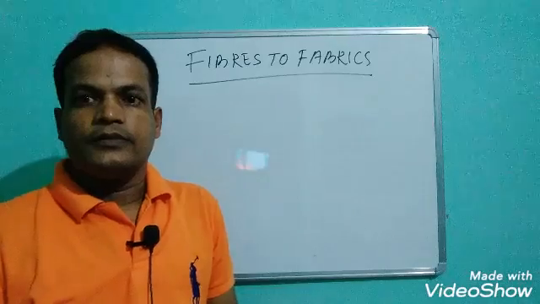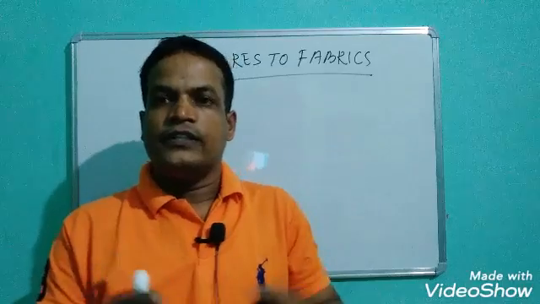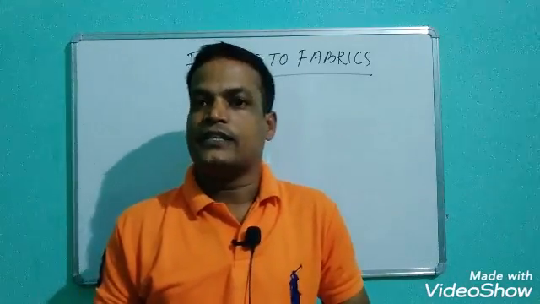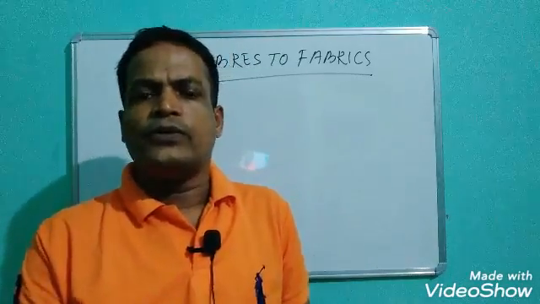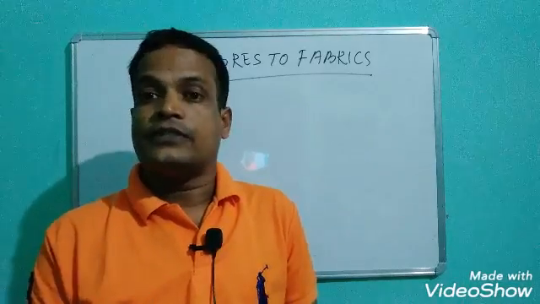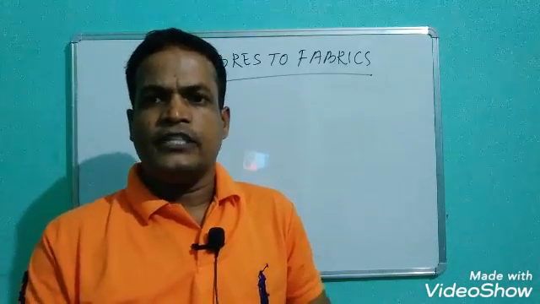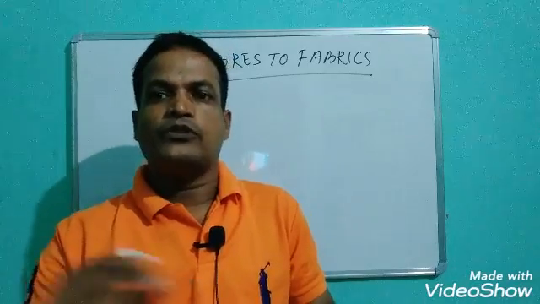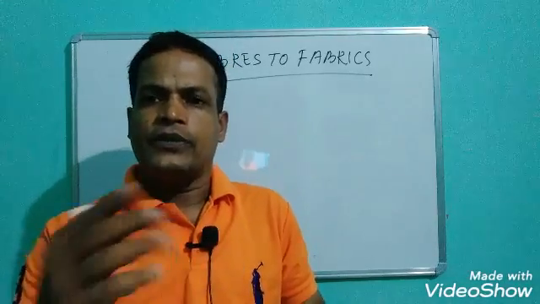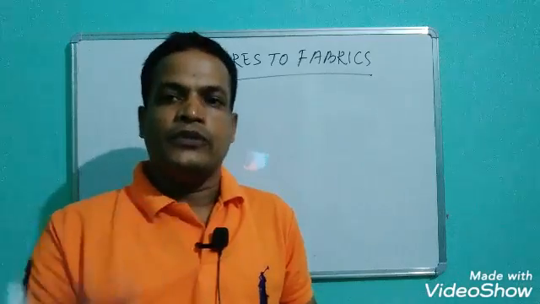Okay friends, after learning about the different types of plant fibers and their uses, let us look at how the plant fibers are made into fabrics. We are going to talk about fibers to fabrics: fibers will make yarns, and from yarns we will make fabrics.